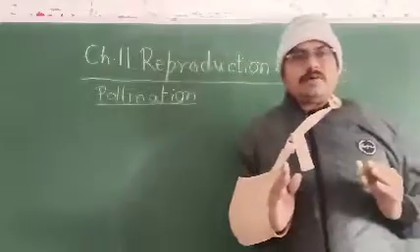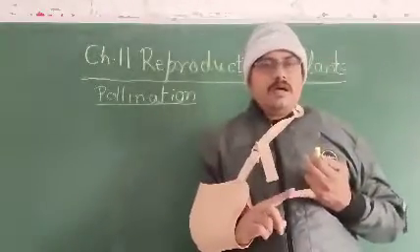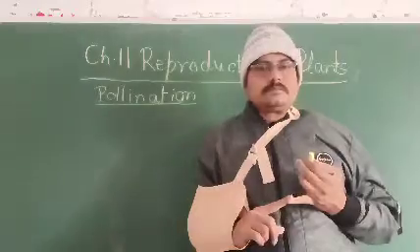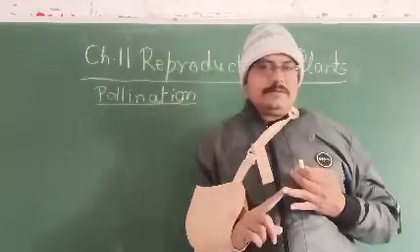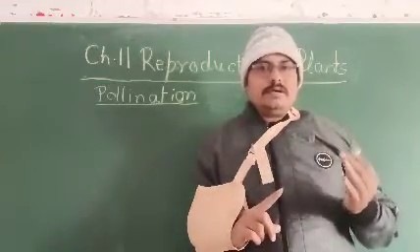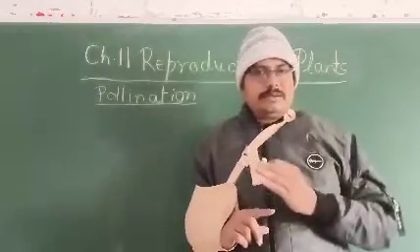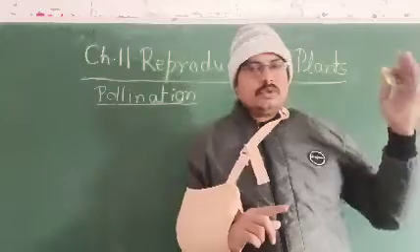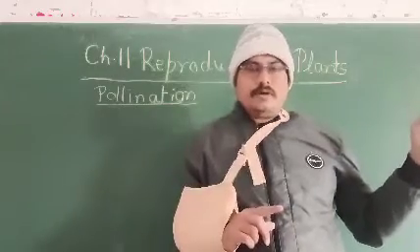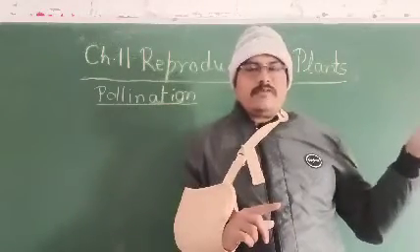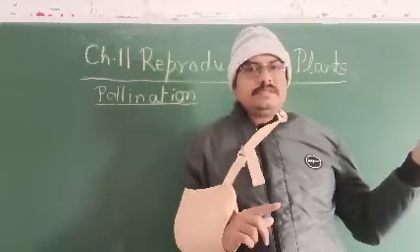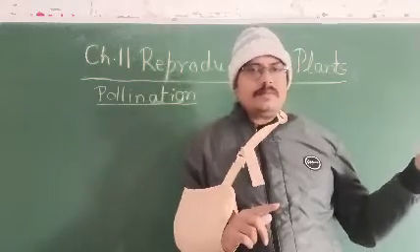The male part of the flower is the anther and filament. Above the anther the pollen grain is present, and the pollen grain transfers from the anther to the stigma, part of the female reproductive part of the flower, that is called the pistil or carpel.